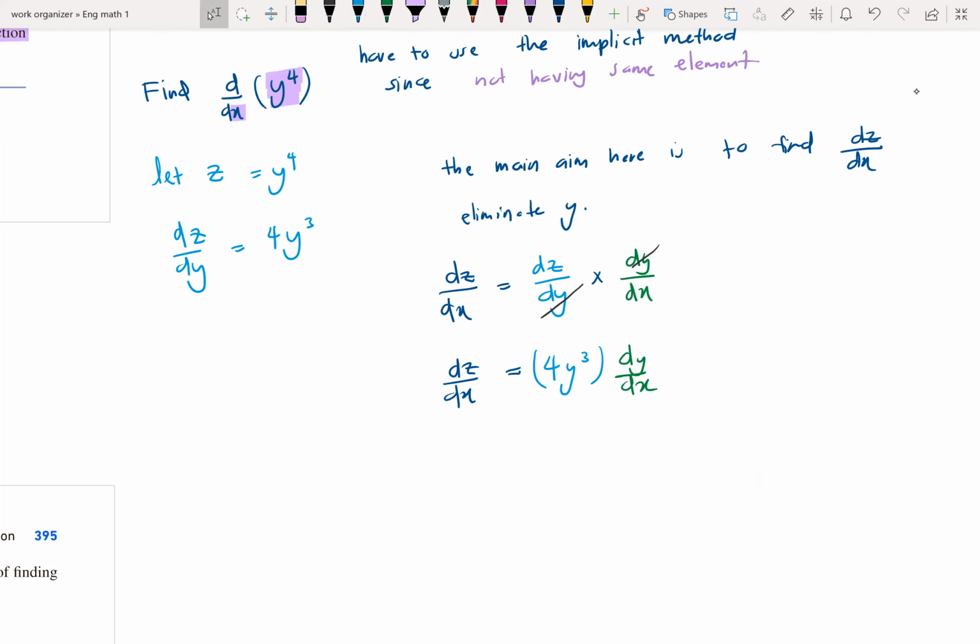Now we substitute z equal to y to the power of 4. So we have d over dx of y to the power of 4 equal to 4y cubed dy over dx.